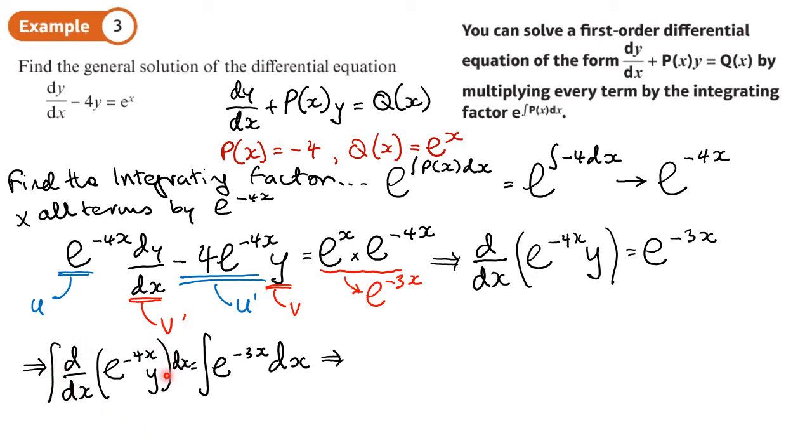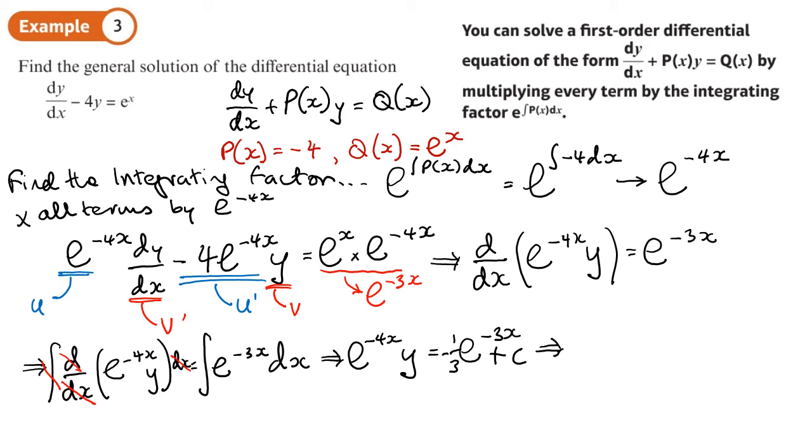On the left hand side, these are going to cancel out, just leaving e to the -4x times by y equals, now when we integrate e to the -3x, remember reverse chain rule means you integrate the outside so it stays as e. The inside of the brackets, which will be -3x, doesn't change, and then you divide by the inside differentiated. So we're going to have -1/3, and this is going to be plus c like this.